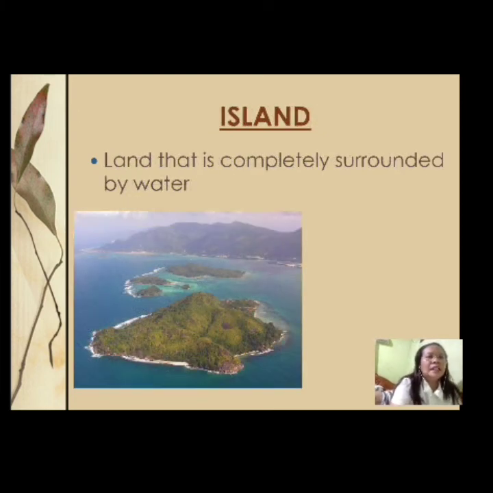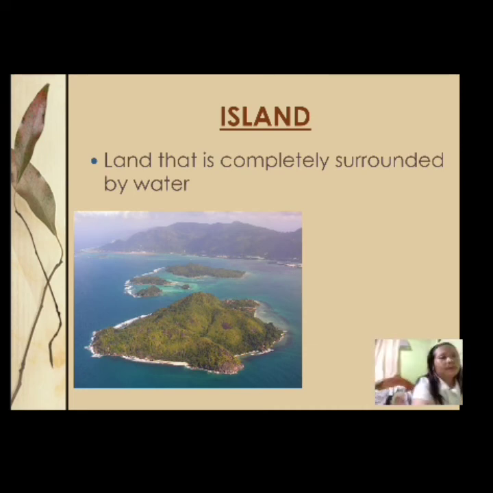Island, land that is completely surrounded by water. An island is any type of land surrounded by different types of water such as sea, ocean, river, and lake.